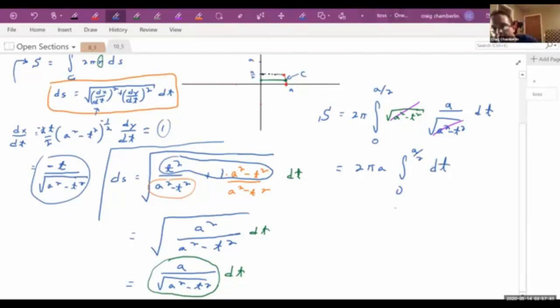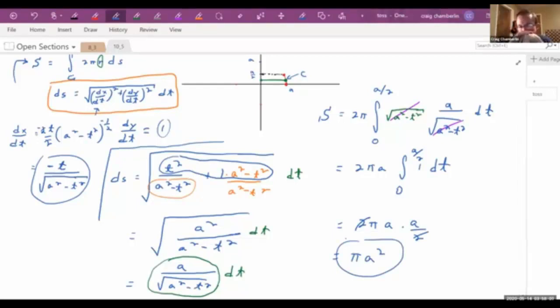And so when I integrate 1 with respect to t, I get t, I plug in the upper limit. That's the only thing that's not going to zero out. I get 2 pi a times a over 2, which is pi a squared. That's it. It would be in square units if you had units.